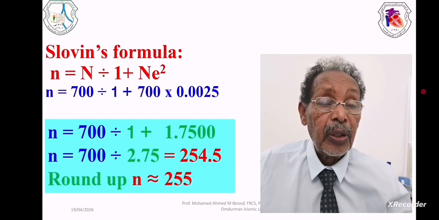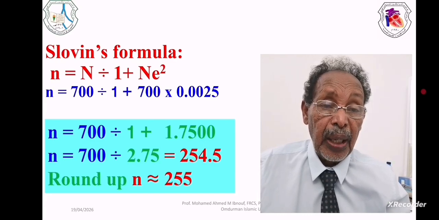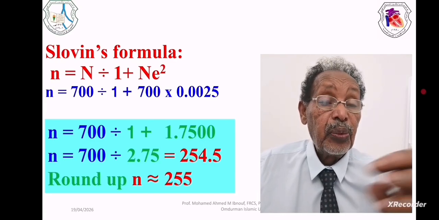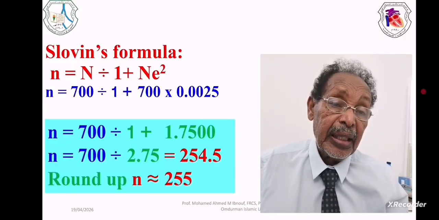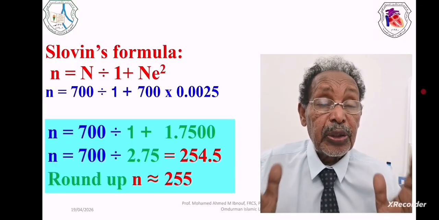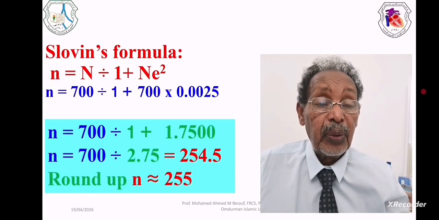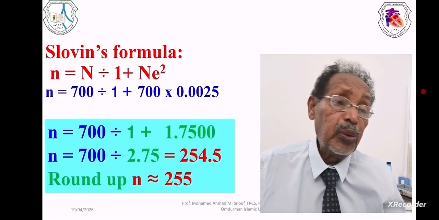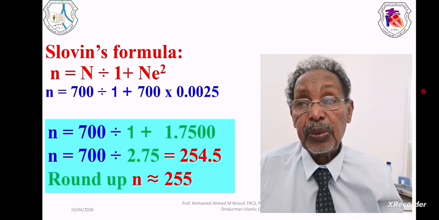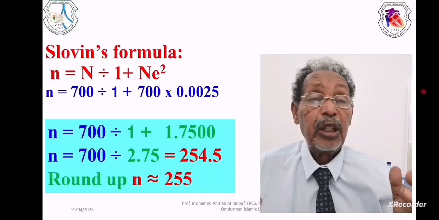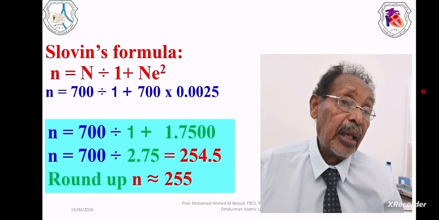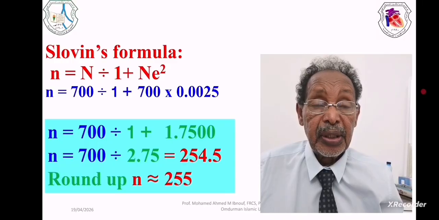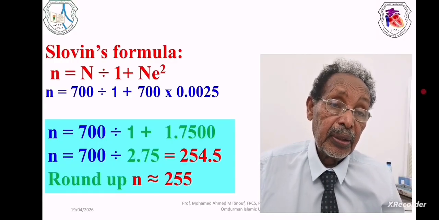we have to add to the number of files or to the number of patients, we have to add to the sample size between 10 to 20% according to the status of our medical record. In war, probably we need to add 20% because files will get lost and the investigations will not be there, and a lot of data will be missed, not written.